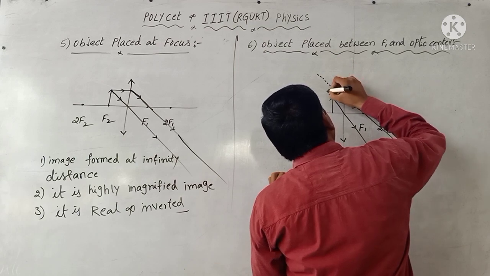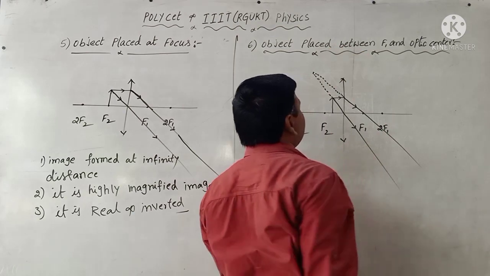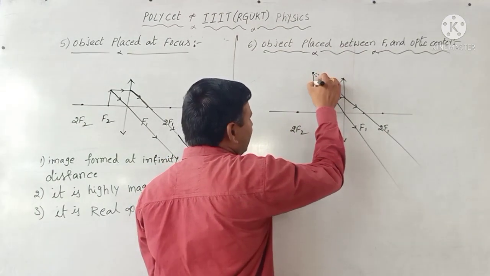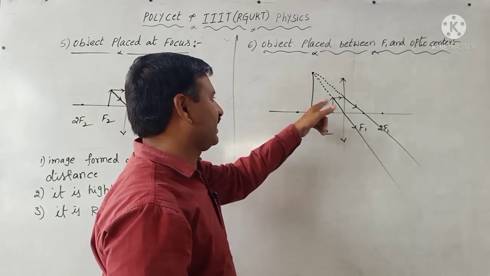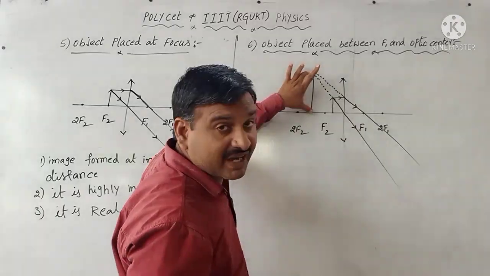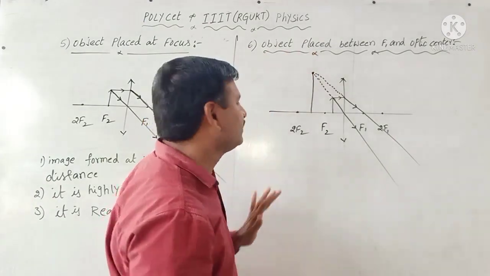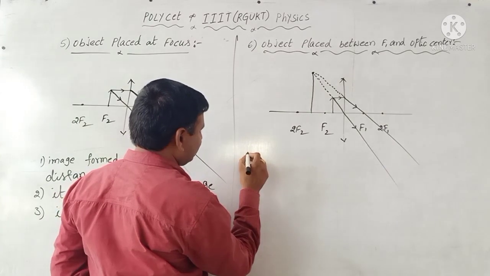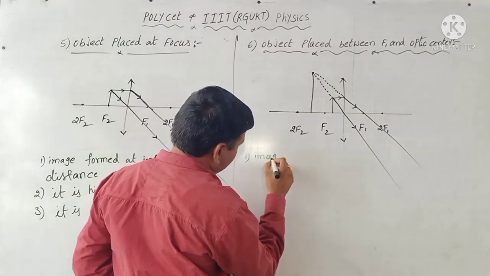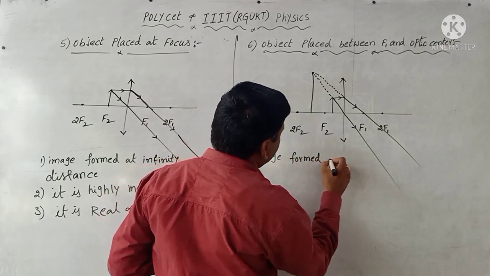The extended light rays meet at a point, and at that point the image is formed. It is a virtual and direct image. Compared to the height of the object, the height of the image is very big. Big means magnified.